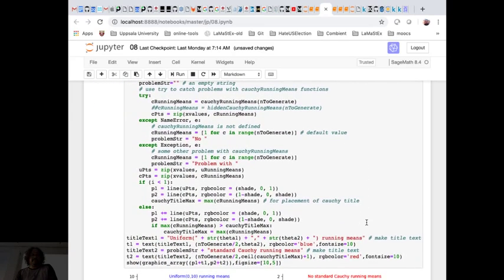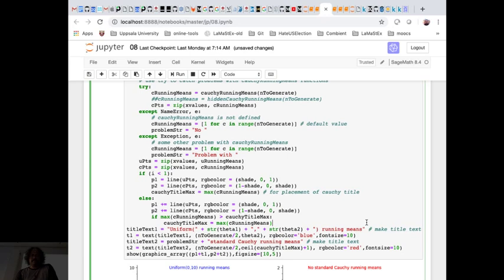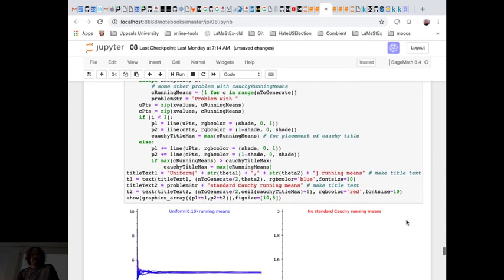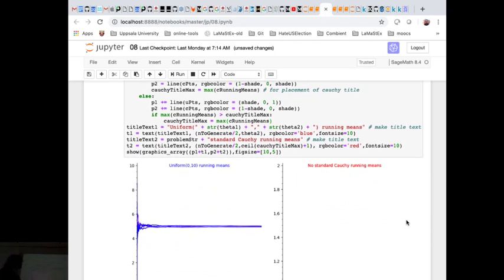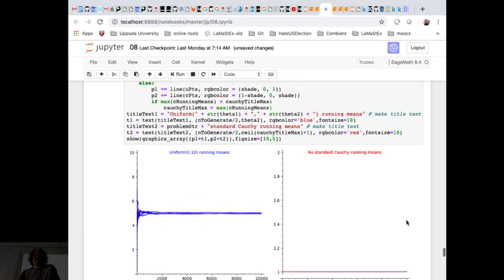So I'll let you do this in the utry, write a function. Here we have a slight exercise for you. I've done just the uniform 0 to n running means here. Your task in the utry is to figure out what the picture should be for the Cauchy's running mean, because you already have all the components. You know how to sample from Cauchy, and then you just have to figure out how to do this.